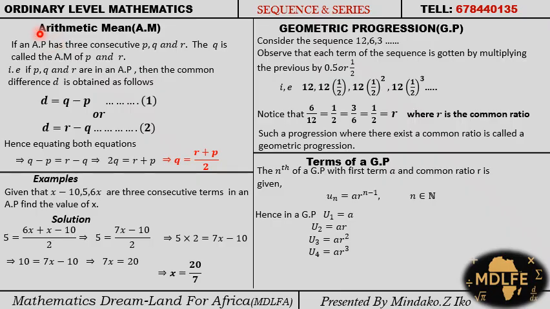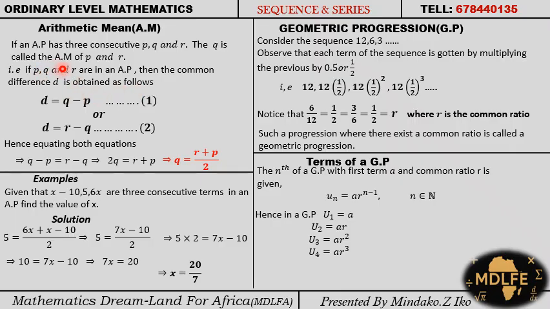All right, let's look at the arithmetic mean. If an AP has 3 consecutive terms P, Q, and R, then Q is called the arithmetic mean of P and R. If P, Q, and R are in an AP, then the common difference D is obtained as follows.